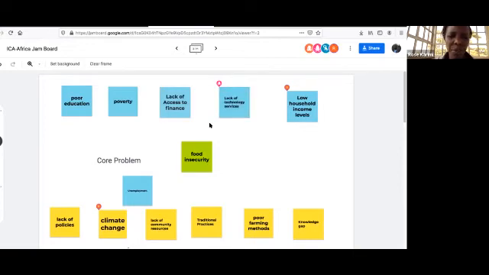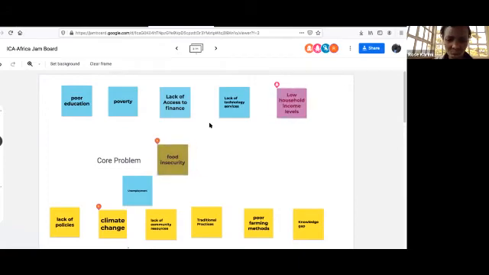So our core problem is food insecurity, and this is caused by all these things. Okay, so this one, the color needs to change to yellow. Perfect.